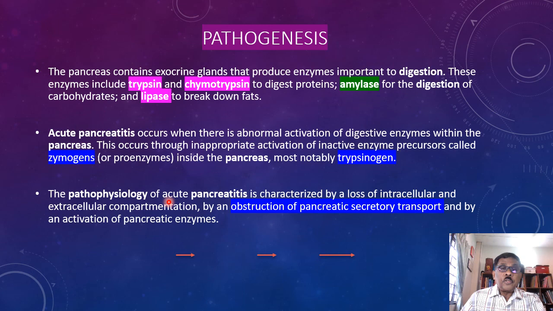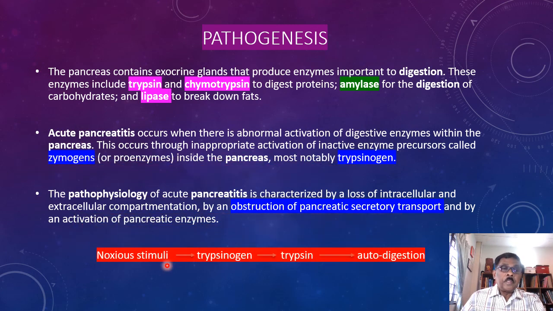The pathophysiology of acute pancreatitis is characterized by a loss of intracellular and extracellular compartmentation due to an obstruction of the pancreatic secretory system and by the activation of the pancreatic enzymes which I mentioned.